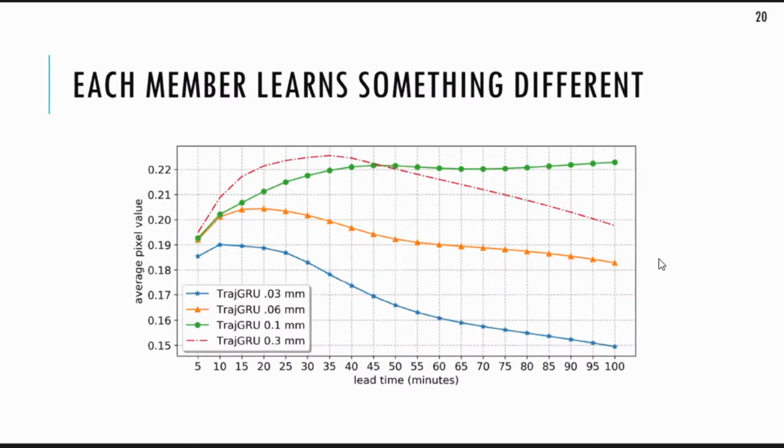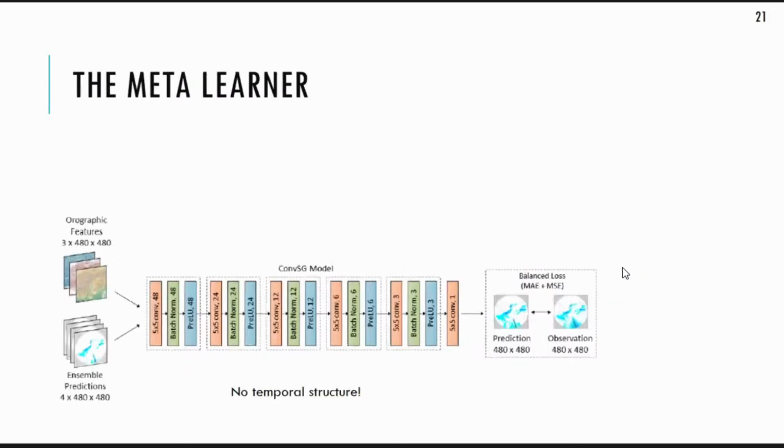So we can actually see that all the ensemble members do something different after being trained, and now we can exploit this by model stacking. That's why we talked about this before. Here we do this with a meta learner, which consists of 5 blocks.